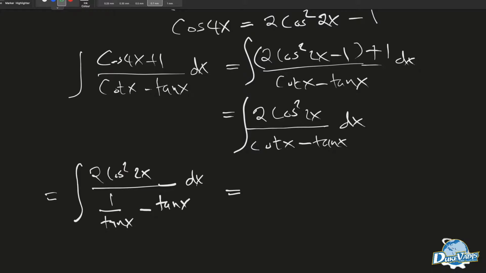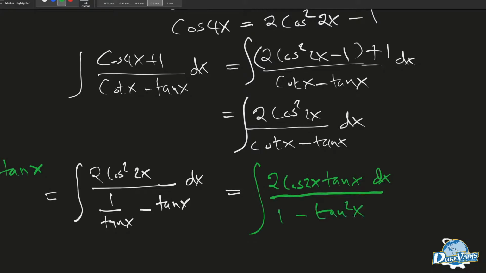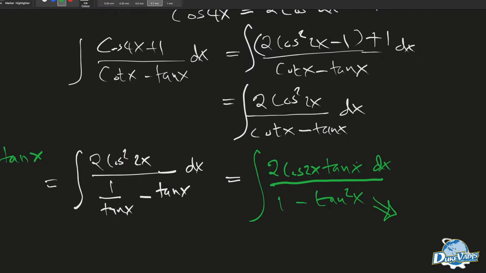When we multiply through by tan x, our equation will be the integral of 2 cos squared 2x tan x dx all over 1 minus tan squared x, which we know that 1 minus tan squared x will give us sec squared x.